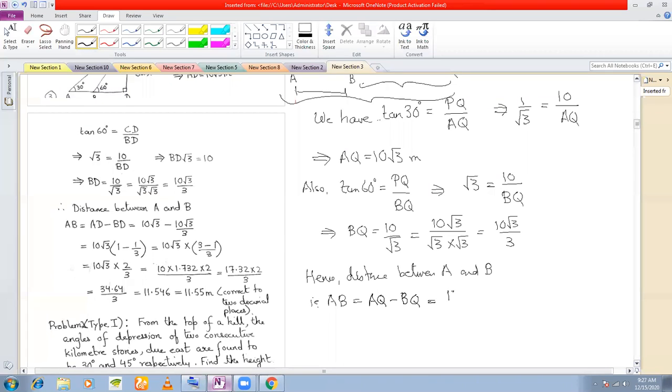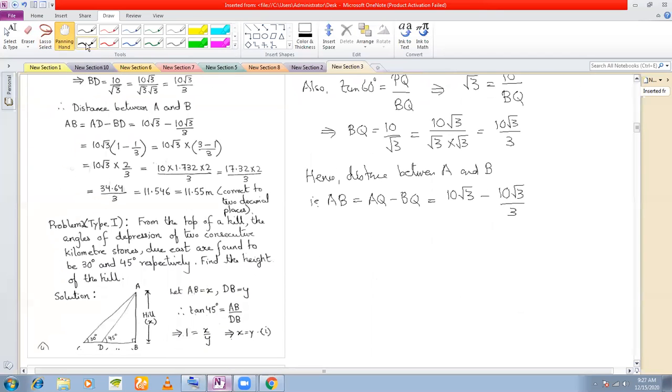AQ we have calculated as 10 root 3 and BQ is 10 root 3 by 3. Let's simplify this a little further. Take 10 root 3 common. You get 1 minus 1/3. 10 root 3, take the LCM, 3 minus 1 by 3. 10 root 3 into 2/3, which is 20 root 3 divided by 3.